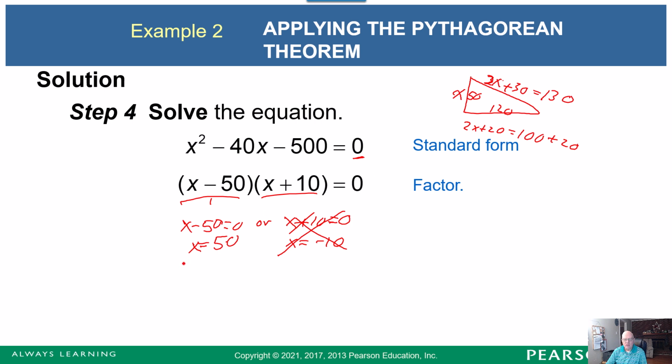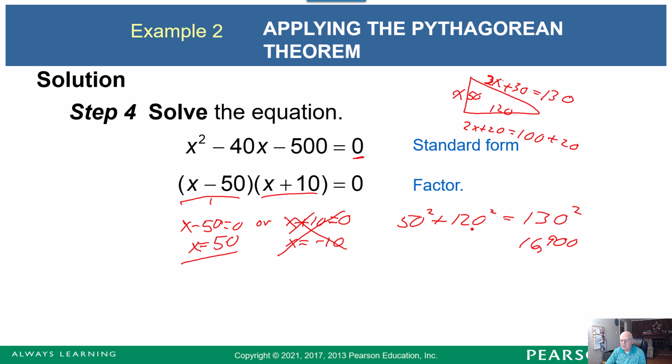Now double check. We think we've got 50 and 120 and 130. So let's check. 50 squared plus 120 squared, is that equal to 130 squared? One way you can do this is you can square this. That would be 16,900.